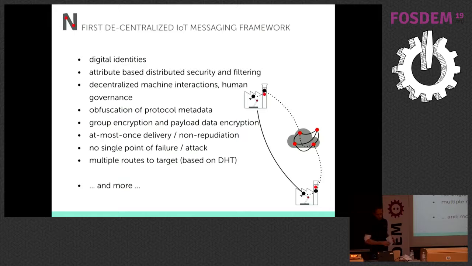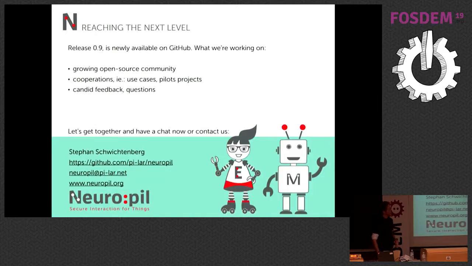So at the end of our trip, I said, Marvin, if this is all that secure and everybody should use it, then it doesn't pay off to keep it secret. You have to make it, A, open source, and B, you need a security peer review. And that is basically also the reason why we are here. So our new release is now available on GitHub.